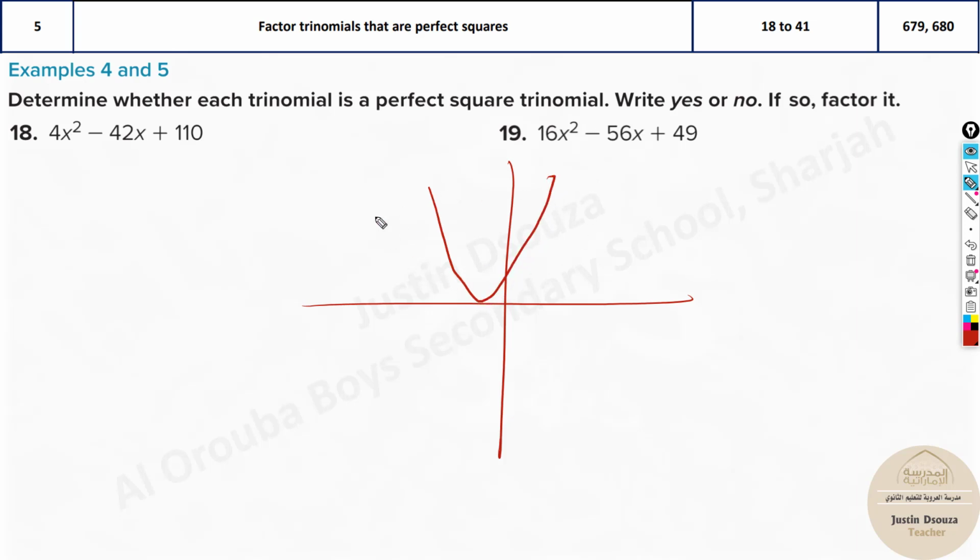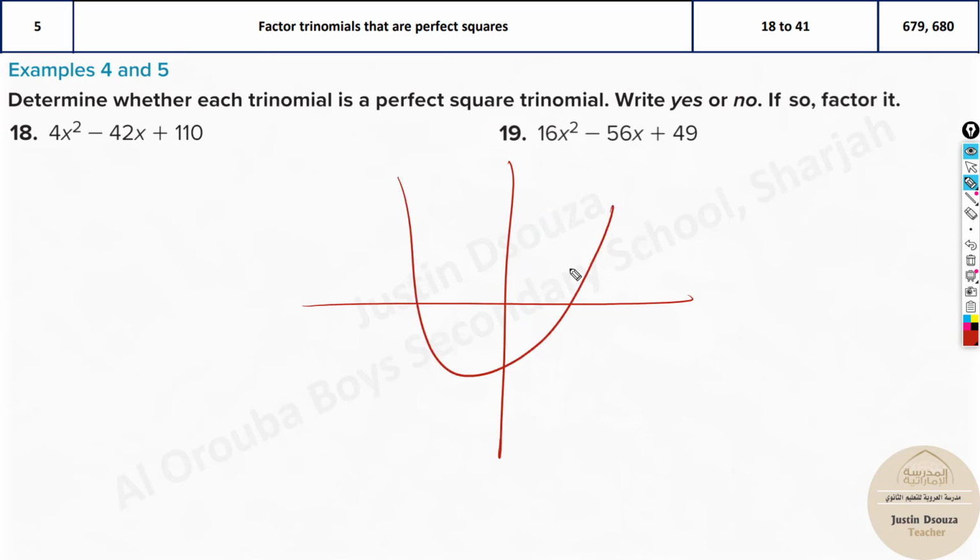This will be symmetrical, even though my drawing is so bad you can't tell.